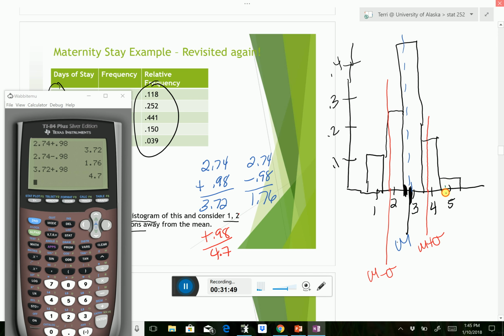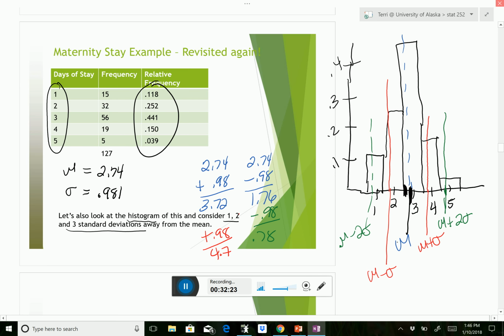We got 4.7, so we're this one. So we're in here. So that's mu plus 2 sigmas. And if we take 1.76 minus, so we're going to go another 0.98 outward. So minus 0.98 is 0.78. So we're going to be here. Mu minus 2 sigmas.